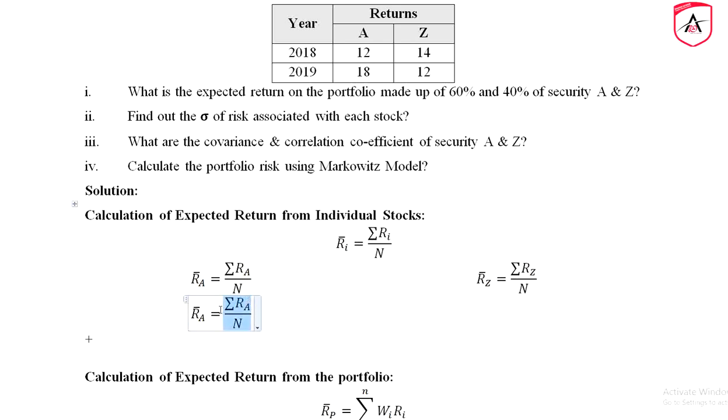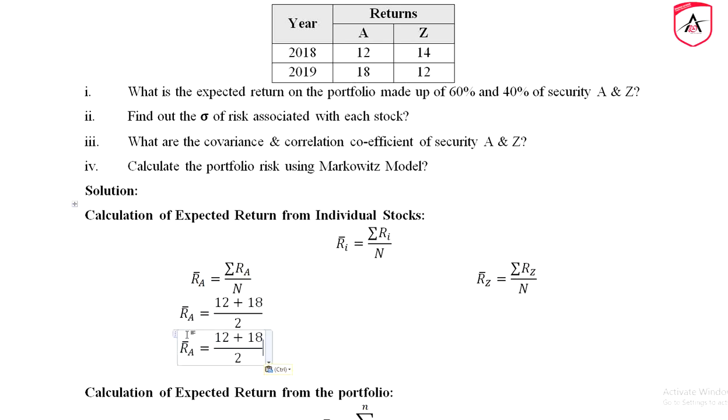So that is 12 plus 18, and the number of years is 2 years. So hence we have to replace this n with 2. And next is 12 plus 18 is 30.